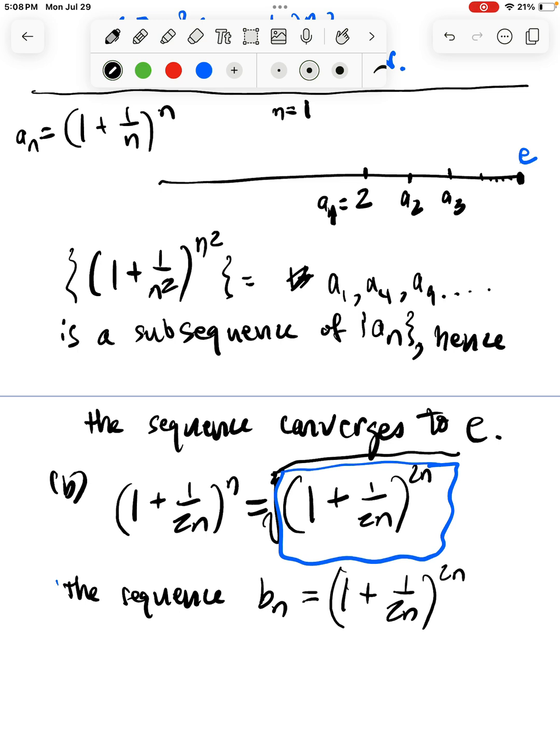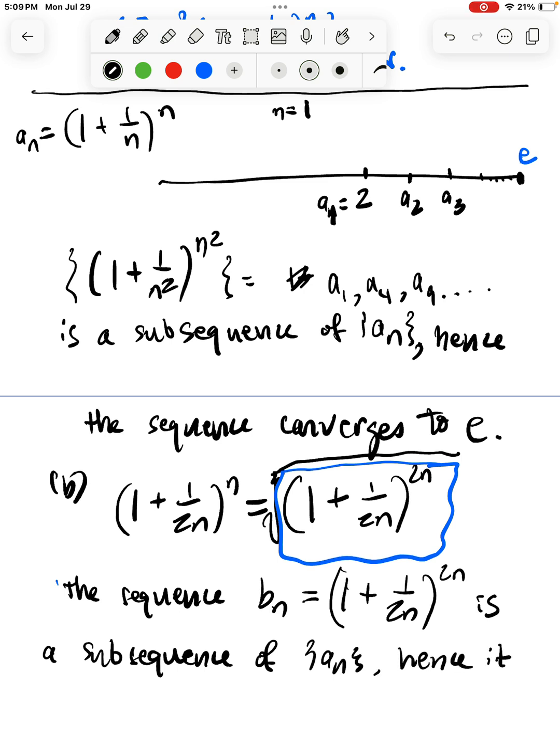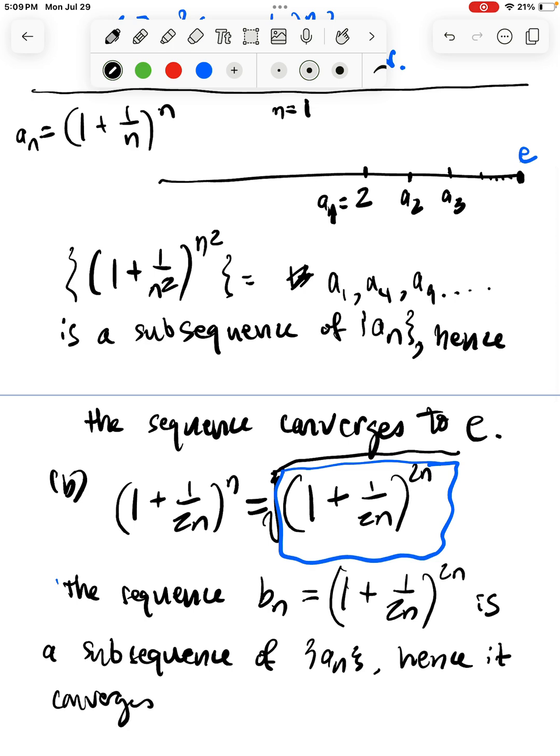Again, this is just a subsequence of the a_n's, where you just look at the even numbers. So this is a subsequence of a_n, so it converges to e.